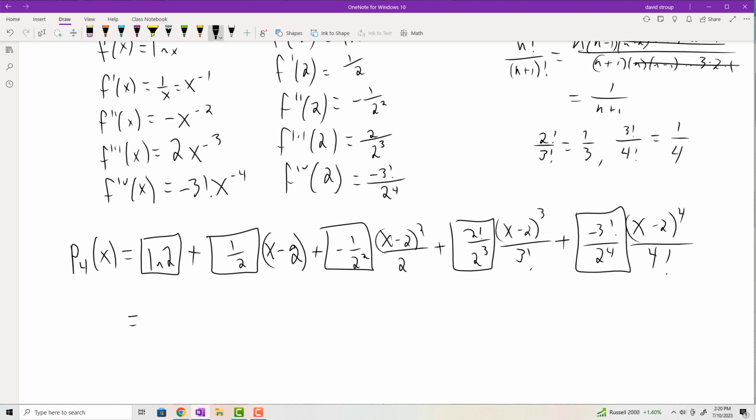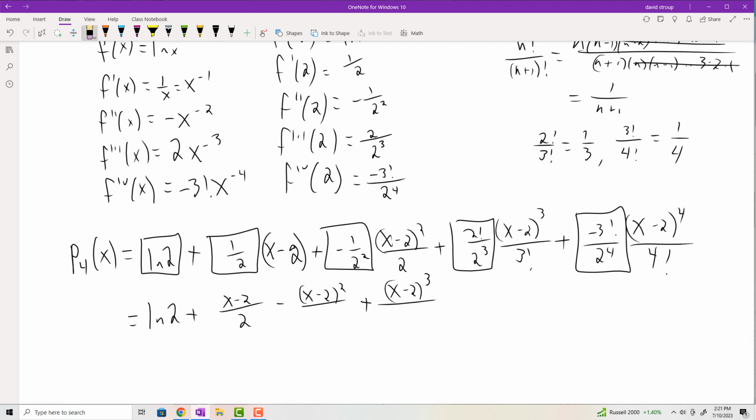So let's go through and try to make it look pretty. I'm not even going to multiply out the denominators. Again, it's a matter of recognizing patterns.